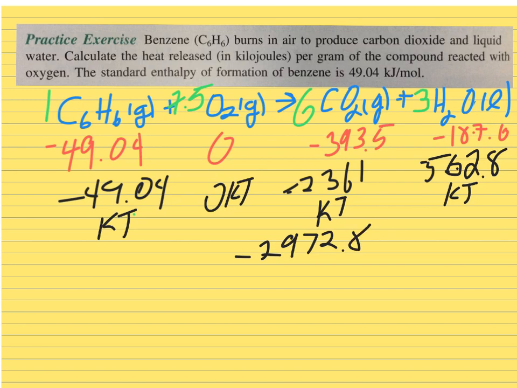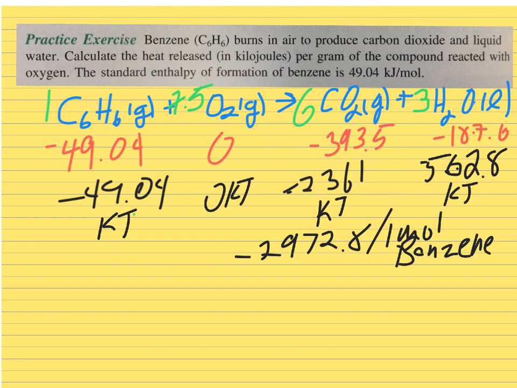And then now I have to consider my benzene here. So the way I like writing this is I like saying per 1 mole of benzene. Okay, benzene, there you go.